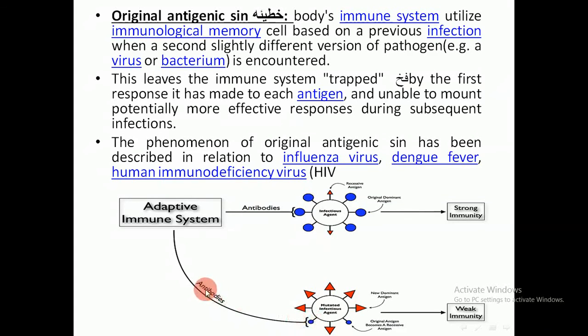So the amount of antibodies produced by the body against this red one is small, while there is a large number of antibodies against the blue antigens. So this ends in weak immunity.